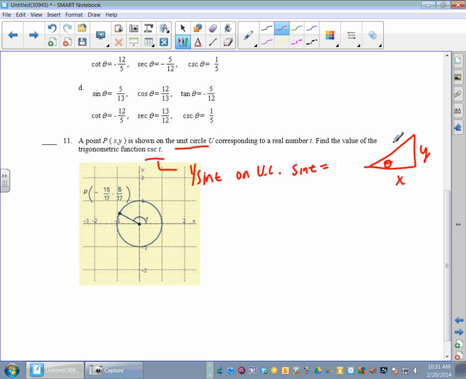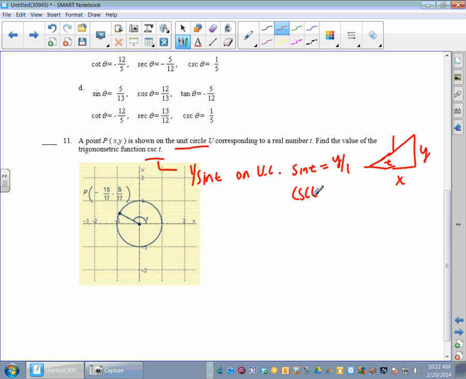Y, X, and 1. So what's the sine of t going to be, or what's the cosecant of t going to be? Sorry, theta. Should put t right there. So what is it? Sine of t is going to equal y over 1.